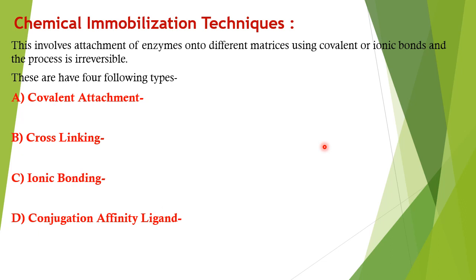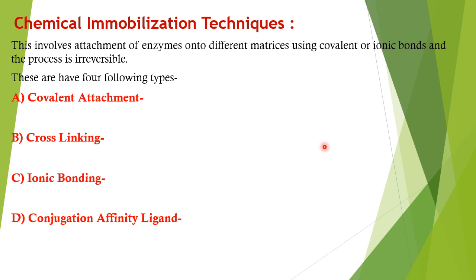In the physical method, we were also using matrices, but there we could separate those enzymes very easily at any time. But in chemical immobilization, strong bonds are formed because more chemical reactions or chemical forces are used to keep the enzyme stable and save it from denaturing.